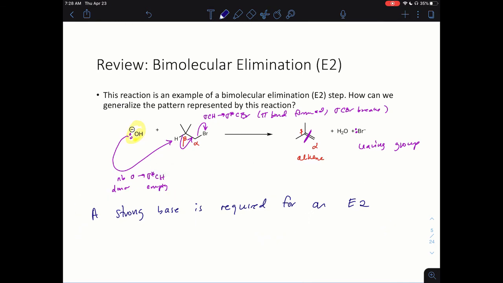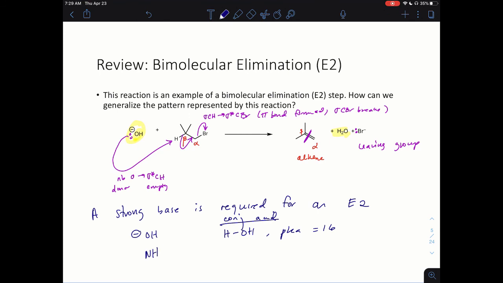So how can we think about the base strength? Well, let's think about conjugate acids. The conjugate acid of hydroxide is water. We see that it's formed in this reaction, right? And we want to think about its pKa. The pKa of water is 16. So we need bases that have conjugate acids with pKa's greater than 16, and they will be good bases for the E2.